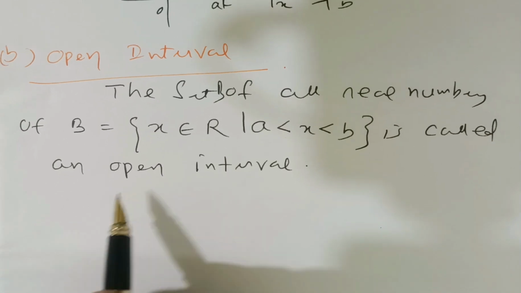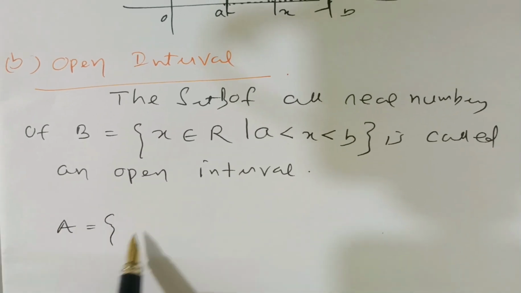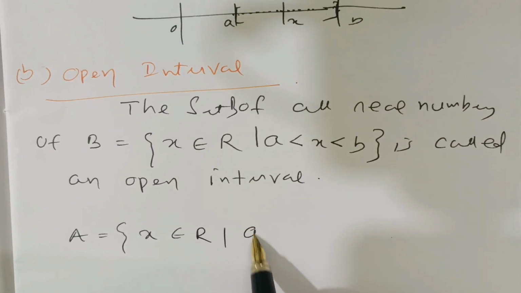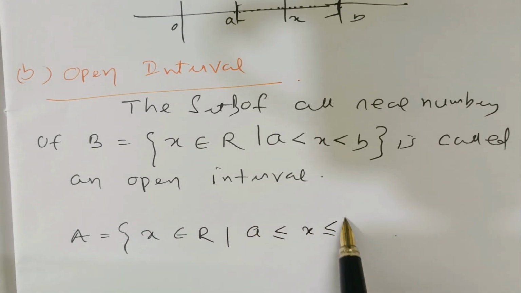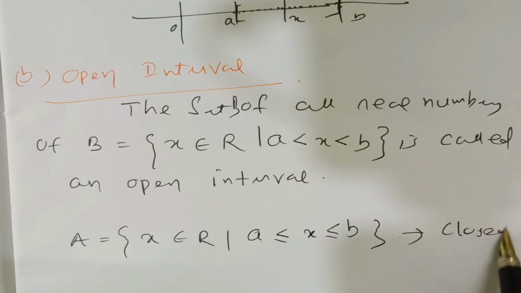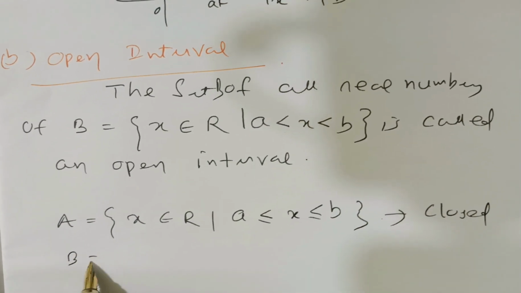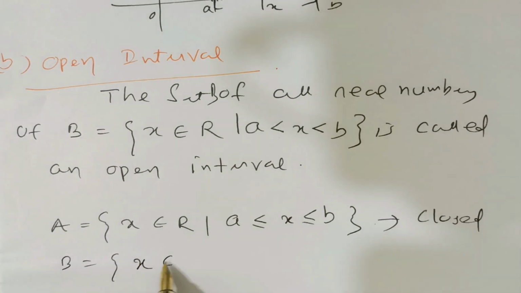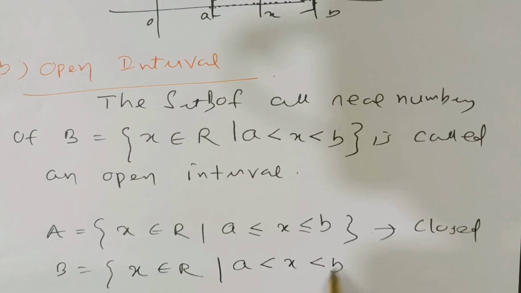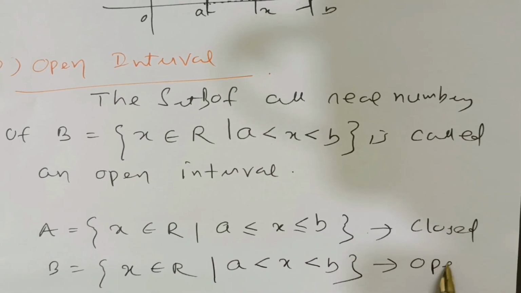So friends, we observe that set A was the collection of all x when x is an element of R and A is less than or equal to x is less than or equal to B. This is the definition of closed interval. And B, the open interval, is the collection of all x element of R with A less than x less than B. This is the open interval.